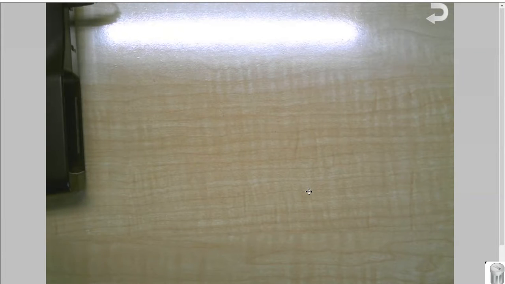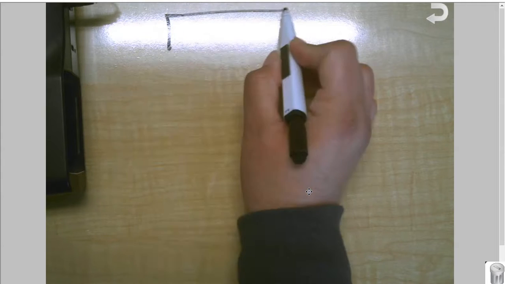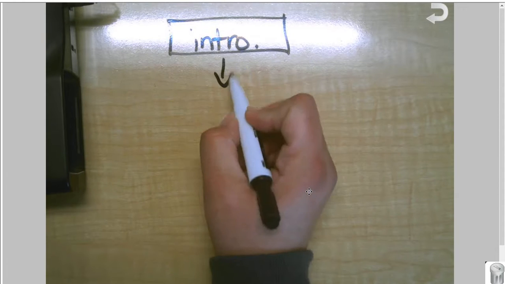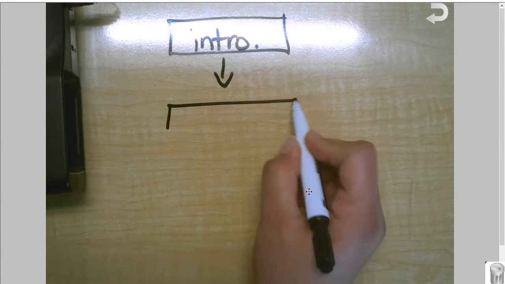So if we take a quick look at the organization of this essay, you'll notice that we start with the introduction, introducing the two topics, making sure that the reader knows exactly what we are going to be writing about. Then we're moving on to the similarities.